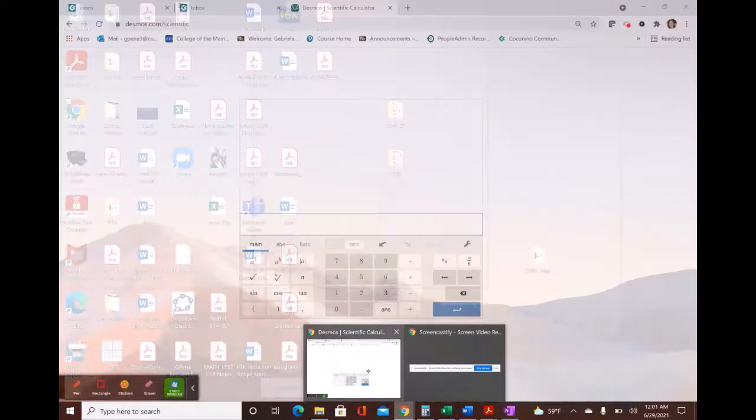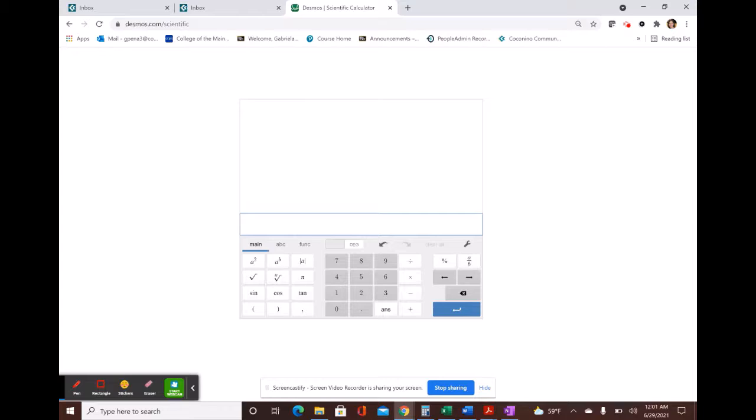So let me open up Desmos and let's add the numbers. So I have 28 plus 32 plus 17 plus 0 plus 23 plus 28 plus 25, and I get 153.